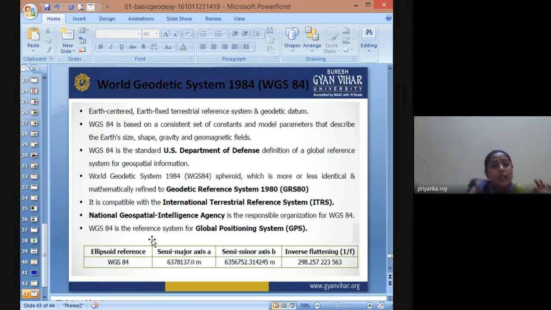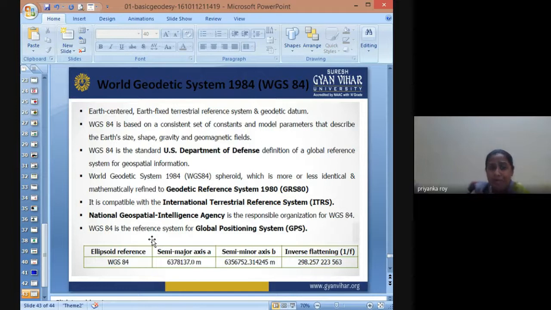Okay, so WGS 84 is the standardized US Department of Defense definition of a global reference system for geospatial information. So for geospatial information, it was developed by the US Department of Defense. Now, the World Geodetic System of 1984 spheroid is more or less identical to the mathematical reference of the Geodetic Reference System developed in 1980, that is GRS 80.